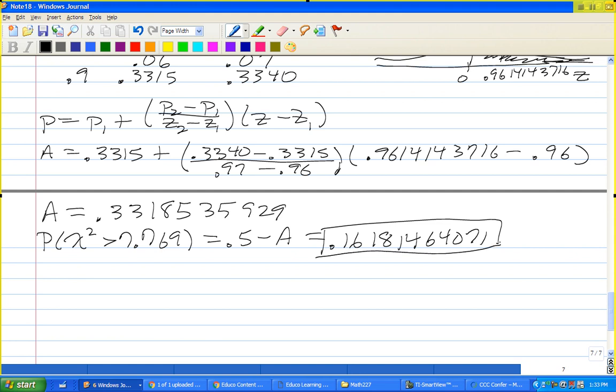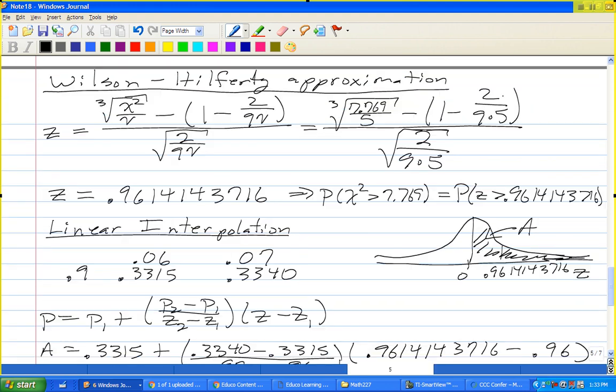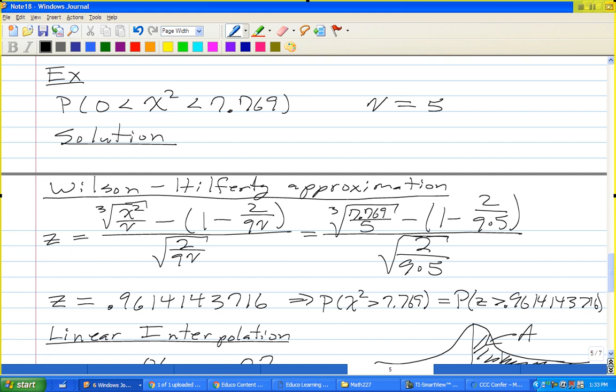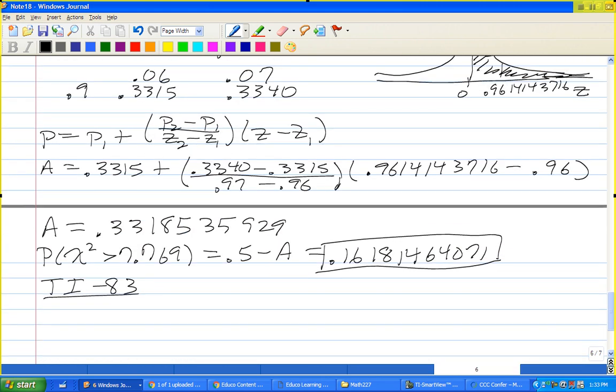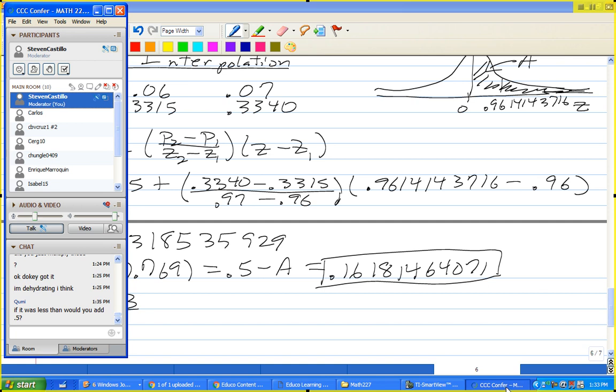Now, you could also do this on your TI-83. So it's just going to be the area less than this. I don't think I drew it. So it's just going to be 1 minus this. Oops, I might be scrolling up too fast for everyone.